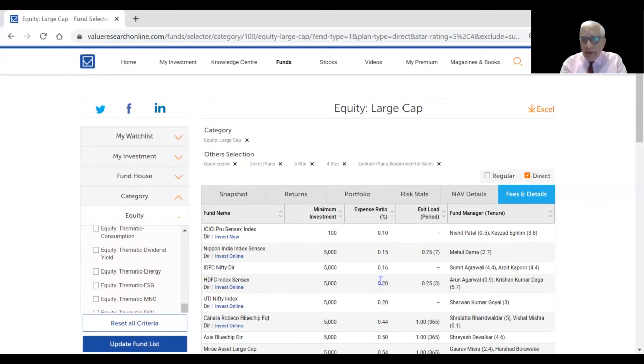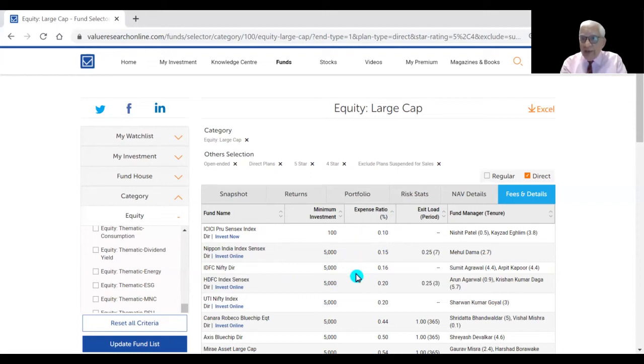There are not many funds with this ratio. ICICI Prudential Sensex Index Fund, Nippon India. Only index funds will have an expense ratio of less than 0.5. So 0.10 means, for every 100 rupees, 10 paise is the expenses.